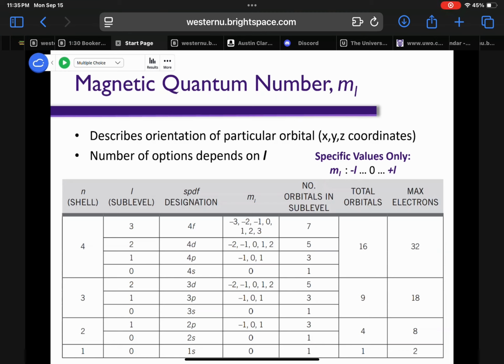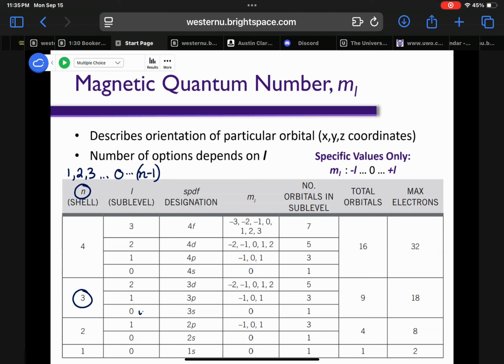Okay, so this time, let's go ahead and start at n equals 3. Well, if n equals 3, that just has to be a positive integer, so it could be 1 or 2 or 3, and so on. L goes from 0 all the way to n minus 1. So if n equals 3, that's the example we're looking at, we can start at 0.